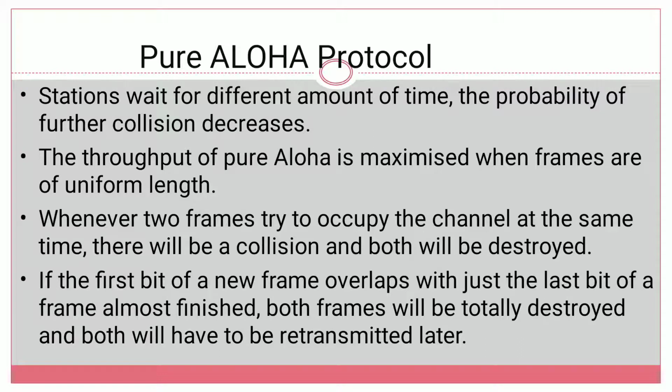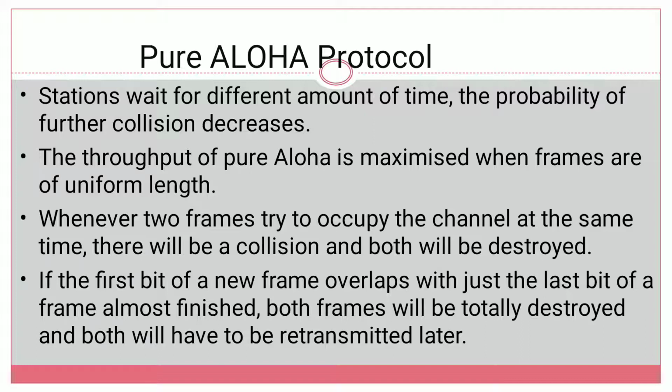Next, the throughput of pure Aloha is maximized when frames are of uniform length. So if the sending frames are of equal or uniform length, then the throughput of pure Aloha is maximized. Whenever two frames try to occupy the channel at the same time, there will be a collision and both will be destroyed.